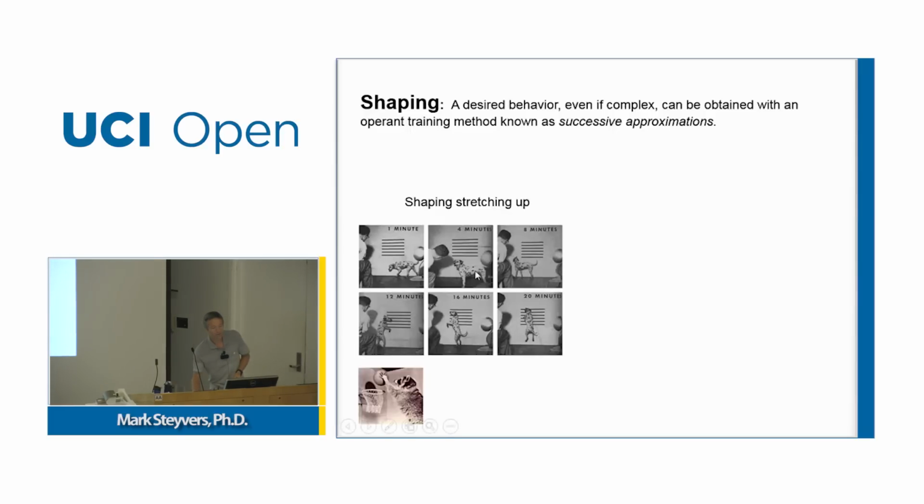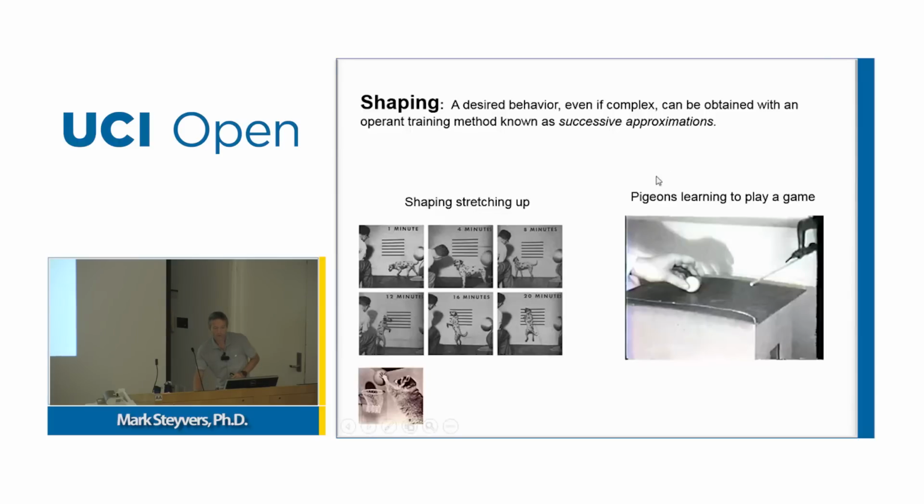And then gradually you reward more and more specific behaviors in order to get the dog to do something desirable. So after 20 minutes of training or so, the dog might be trained to jump up because it's only rewarded at that time when it's jumping up. And you can train animals to do some quite amazing things.